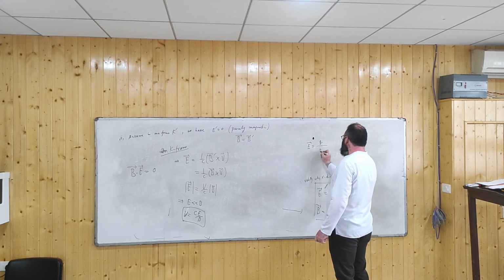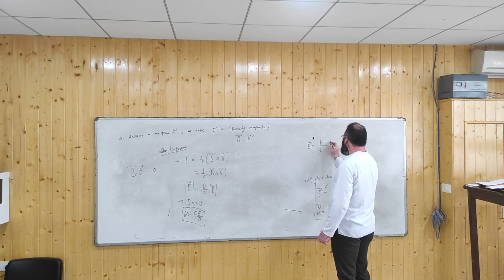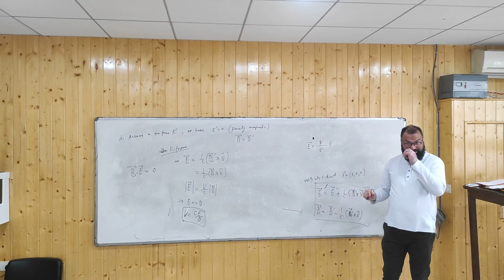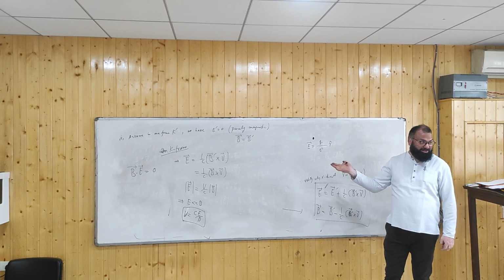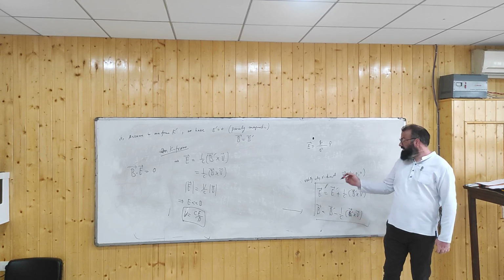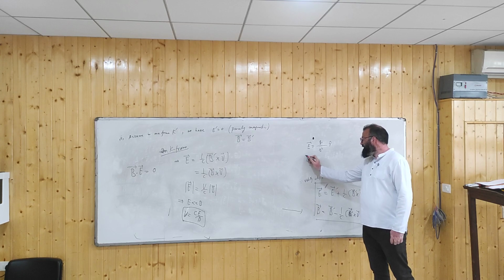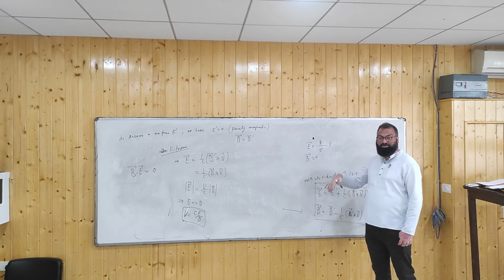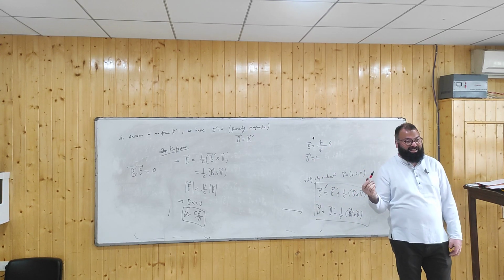Let's say Q divided by R square times the unit vector R. So along three directions you have Q by R square. What is the magnetic field? It's equal to 0.